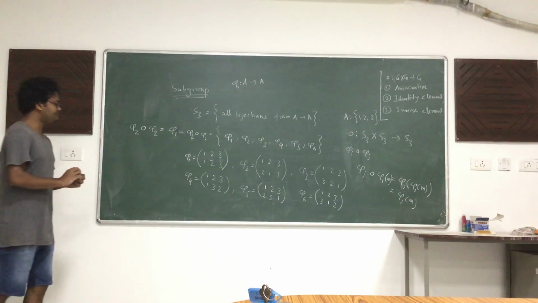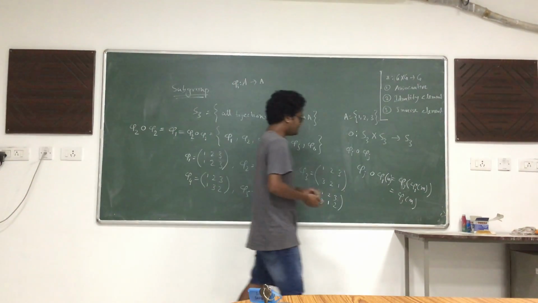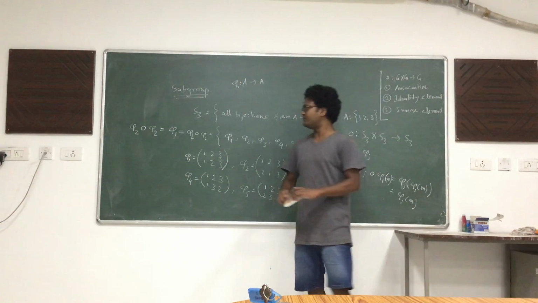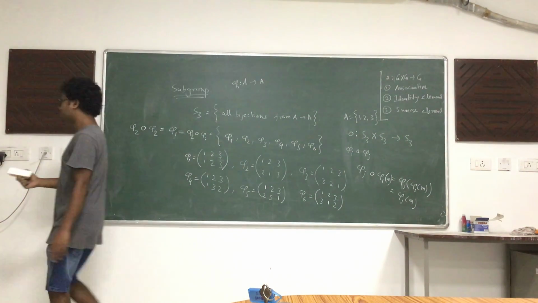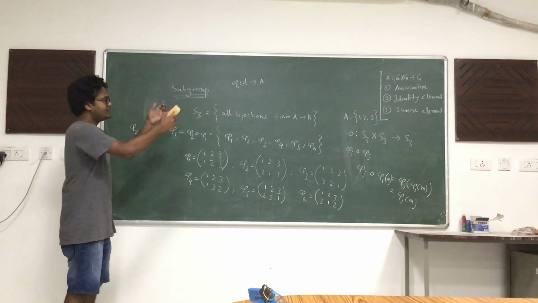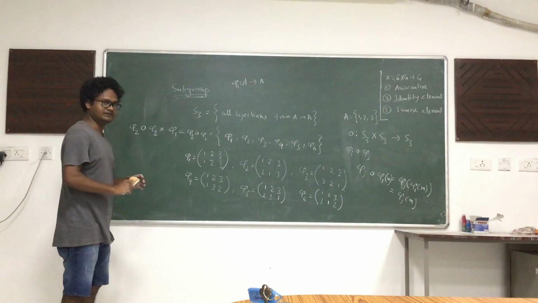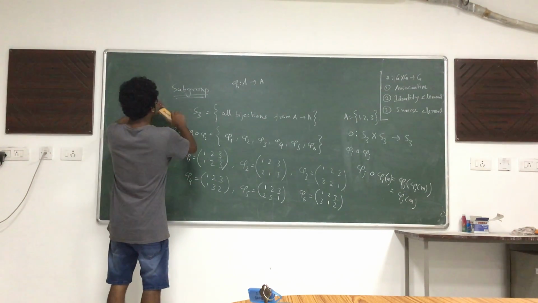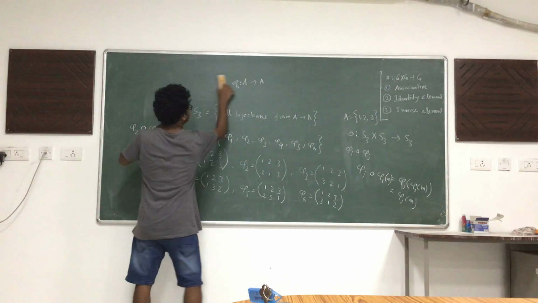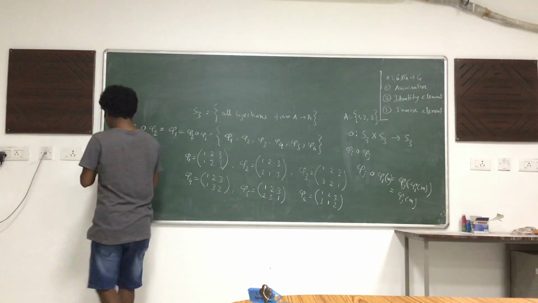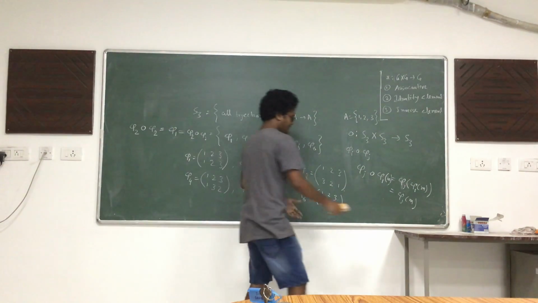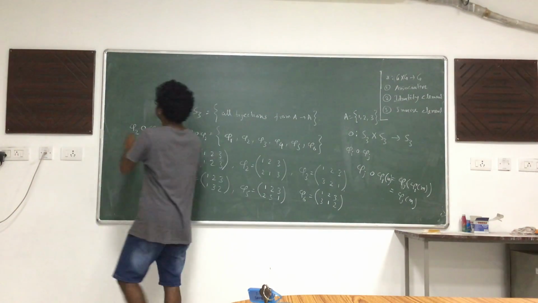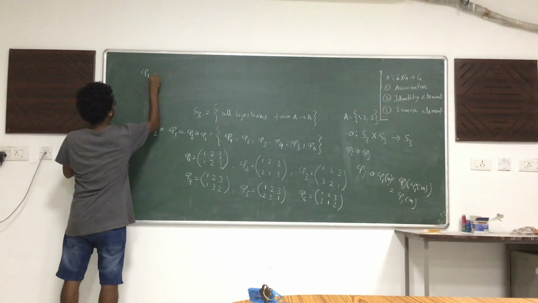Is this understood? The answer to this question will be a lot easier, at least for finite groups, if we can find the multiplication table. So let's find the multiplication table and see what happens. Let us try to construct the multiplication table in this case.